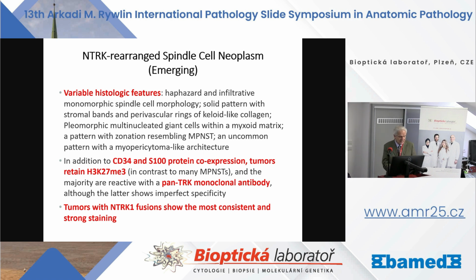In addition to CD34 and S100 positivity, the tumor retains H3K27me3, in contrast to many malignant peripheral nerve sheath tumors, and the majority react with pan-TRK monoclonal antibody. Tumors with NTRK1 fusion show the most consistent and strong staining.